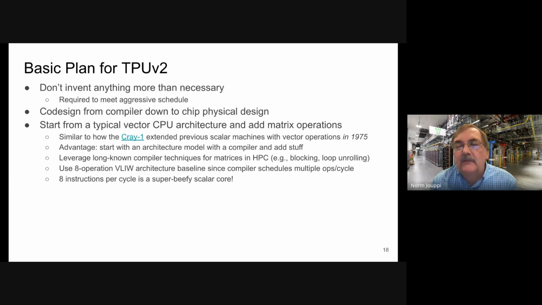I'd never done a VLIW before, but it seemed like the right thing based on all the units that we had going on in parallel, and also the lack of branches and speculation and all that stuff. So 8 instructions per cycle is a pretty beefy core on the scalar side.